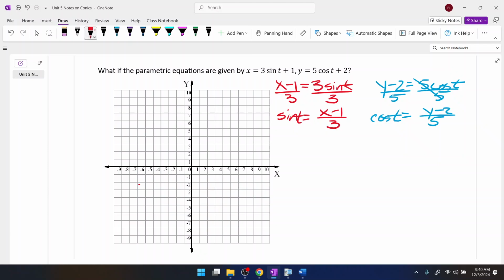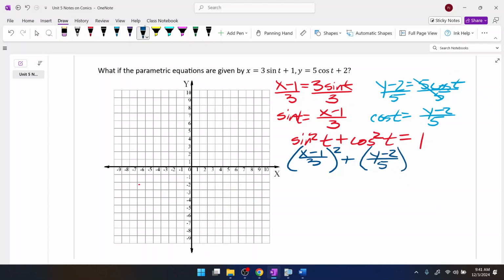So literally by plugging in sine squared t plus cosine squared t equaling 1, it's very simple here. You have ((x minus 1) over 3) squared plus ((y minus 2) over 5) squared equal to 1, or pretty much (x minus 1) squared over 9 plus (y minus 2) squared over 25 equals 1.